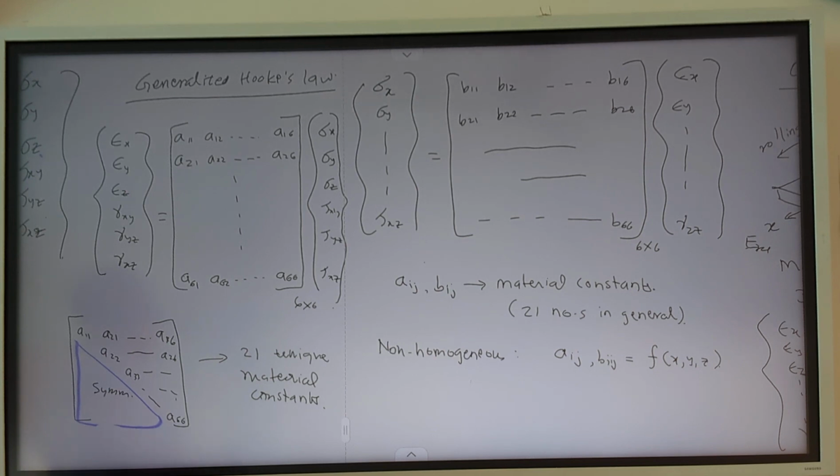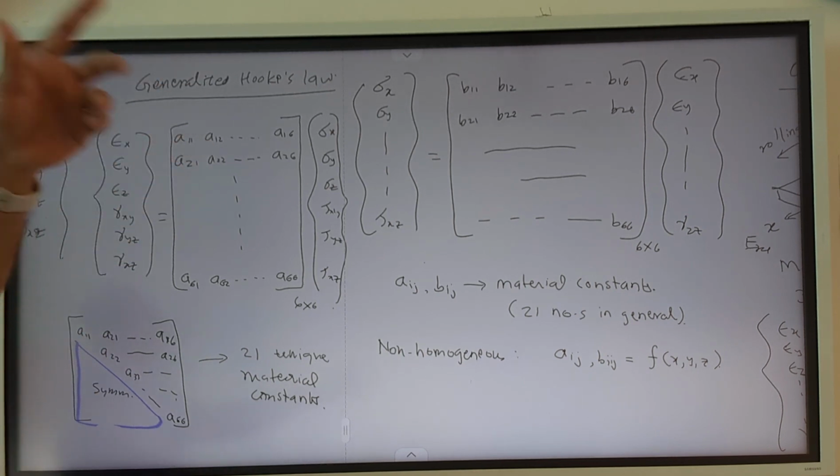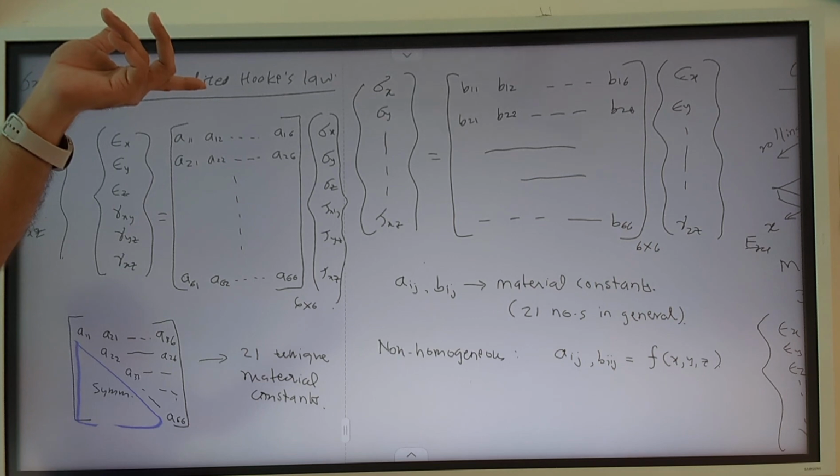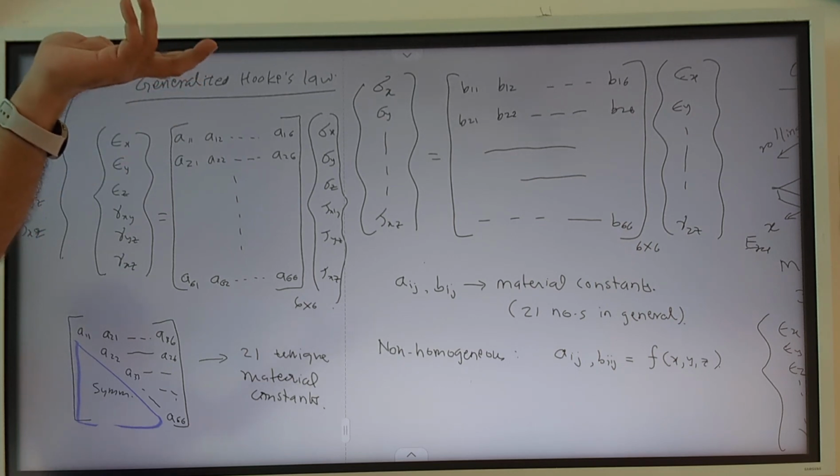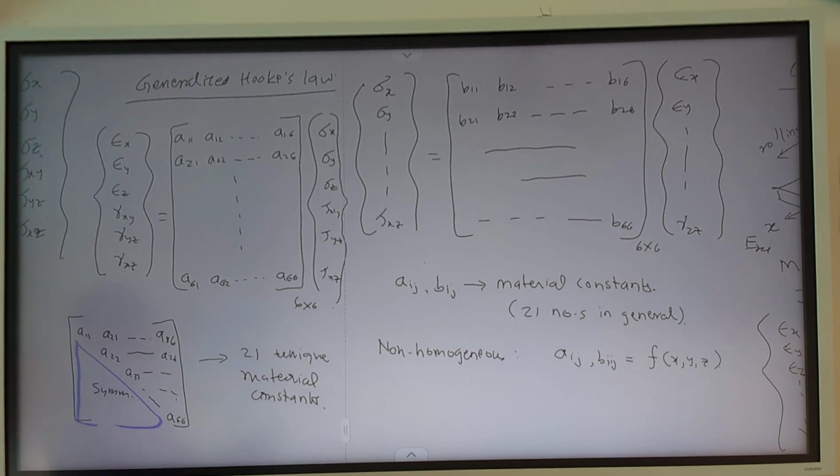But if you want to do more accurate analysis or you are dealing with more complex materials, the most common material is the rolled plate, which falls into the category called the orthotropic material. Many of the composite materials will also fall in the category of the orthotropic material, where depending on the orientation of the fibers that are used to lay the composite materials, you will get the properties of orthotropic material, which require 9 material constants.